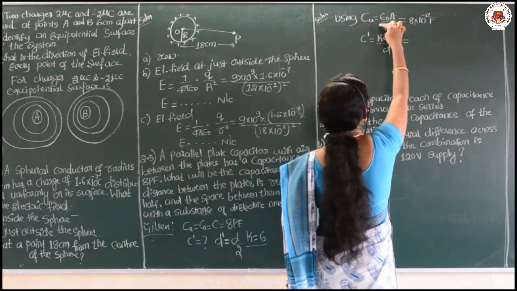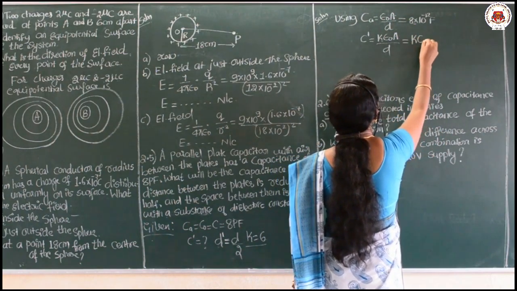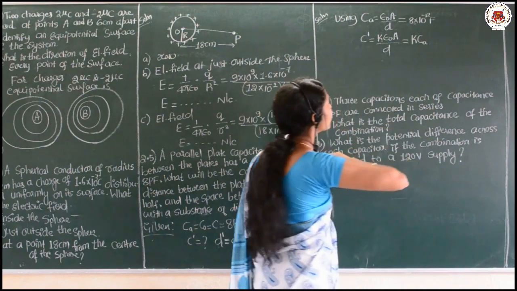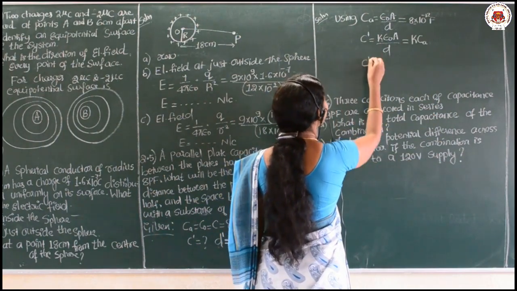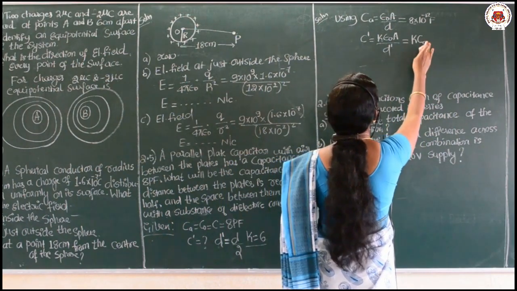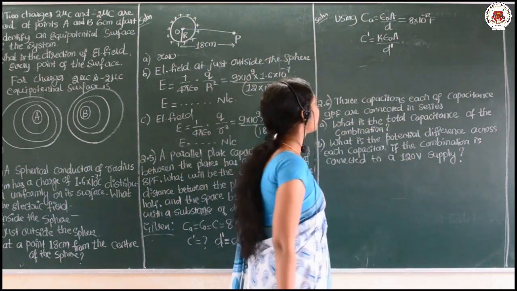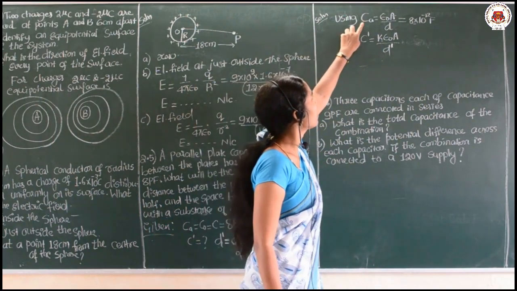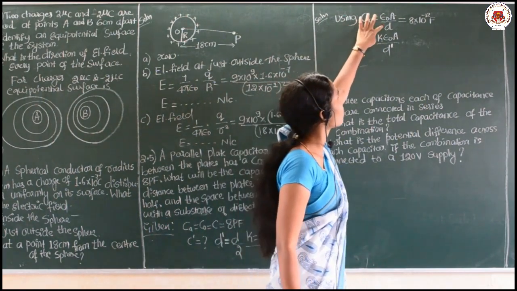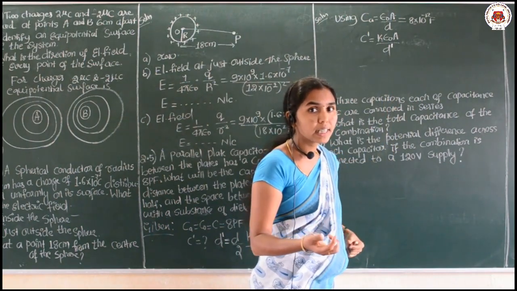So, in the place of this I substitute K into Ca, or C naught. Then C dash, sorry, here the distance should be D dash, because here it is filled with air and normal distance and area was there, but now the condition is changed.